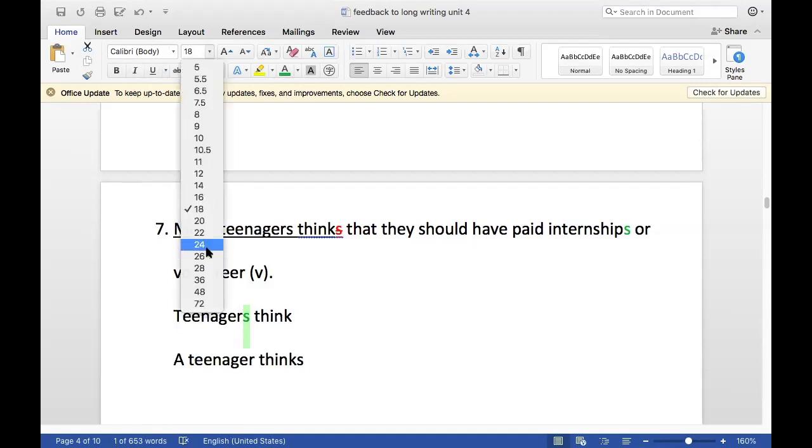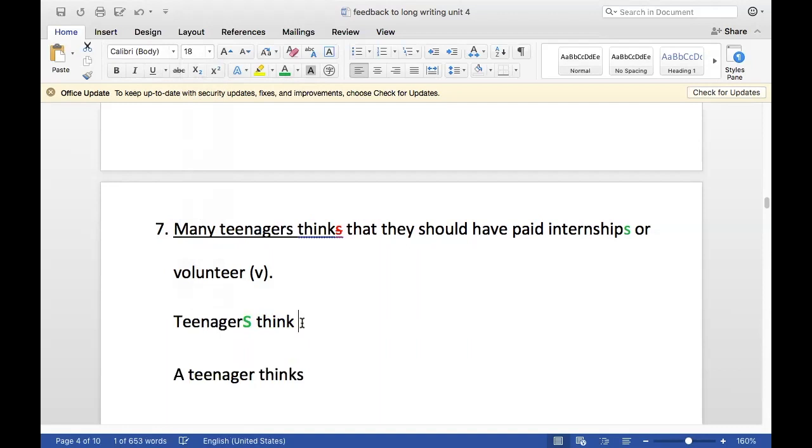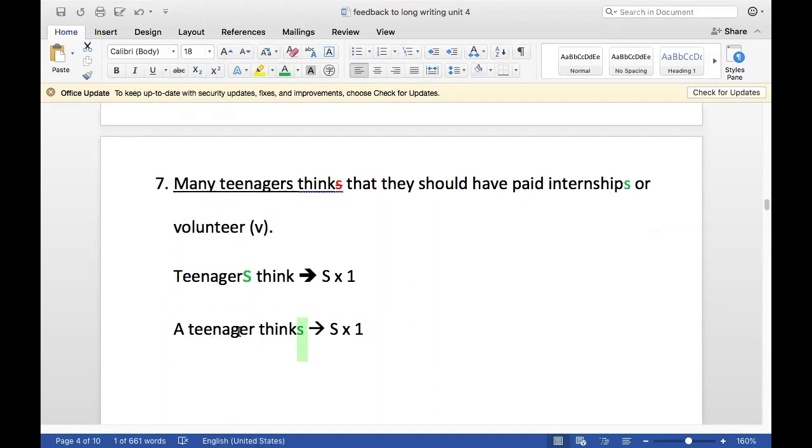Teenagers, there is an s, and then think, no s. Teenagers think. Okay, there is only one s. A teenager thinks. Okay, there is also only one s. So never two s together. Teenager thinks. Teenagers think. At the end is only one s. Okay.